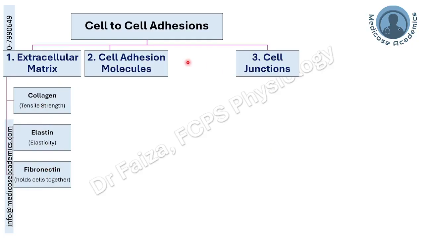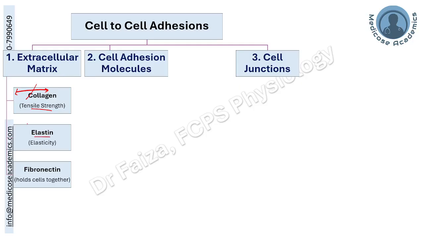Tensile strength is basically the ability of something to withstand some stress, for example compressional strength, or if it is elongated, up till how long it will sustain its structure without being broken. This is its tensile strength.